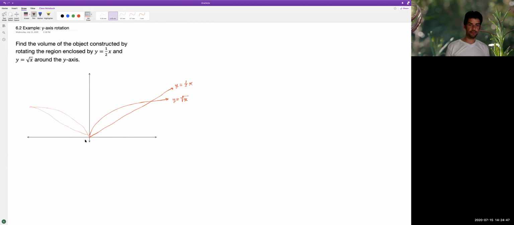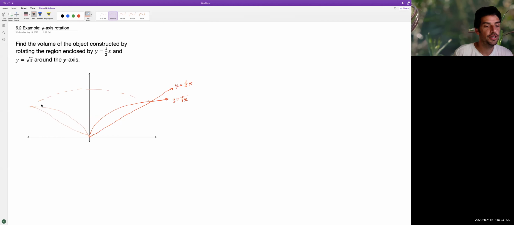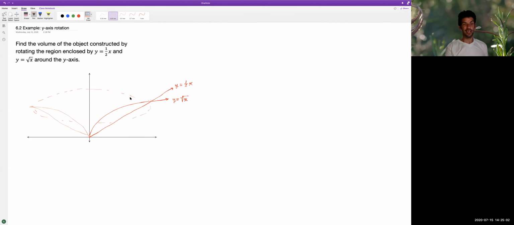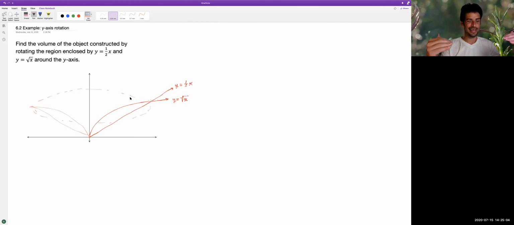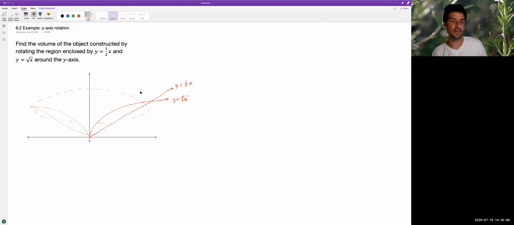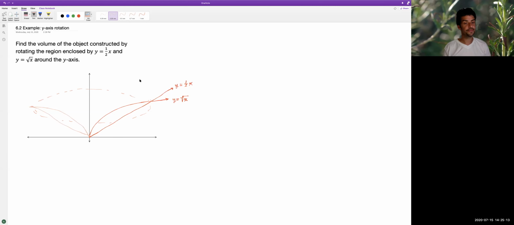Okay, so it's not perfect, but you get the idea that if we took, for instance, this point here and rotated around, we're going to create this hole, and then there would be a similar shape in the front, right? So it's kind of a bowl that gets pointy at the bottom on the inside, and from the outside it would look like a pyramid, sort of an upside down pyramid, more or less, like a cone, I should say.